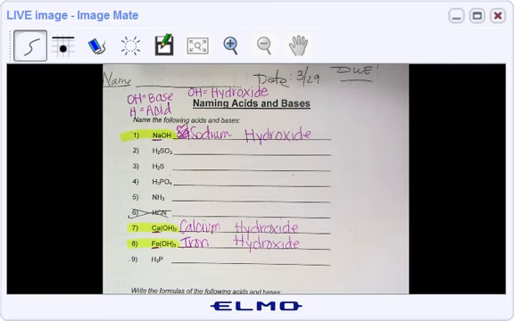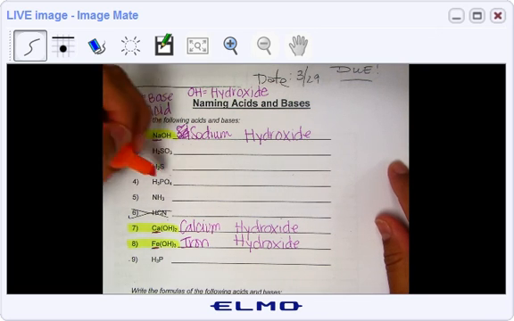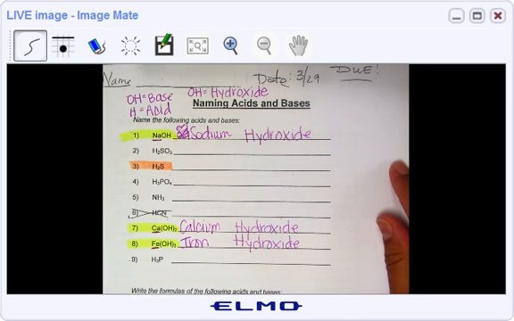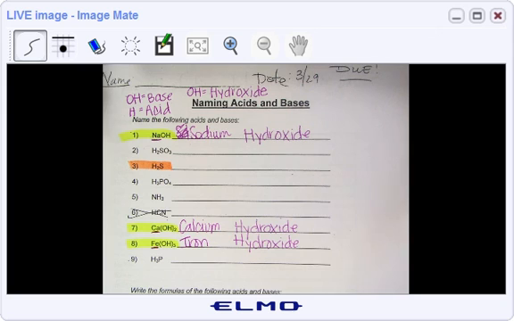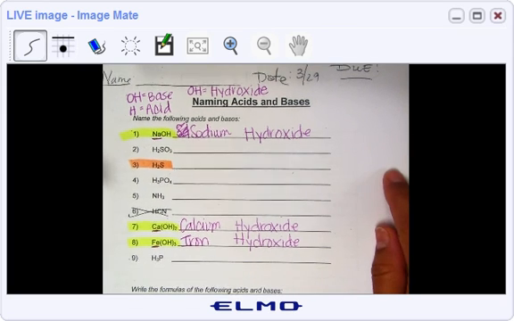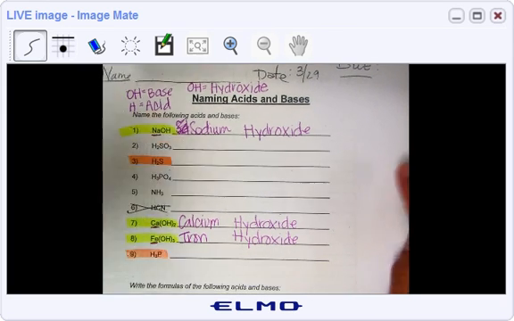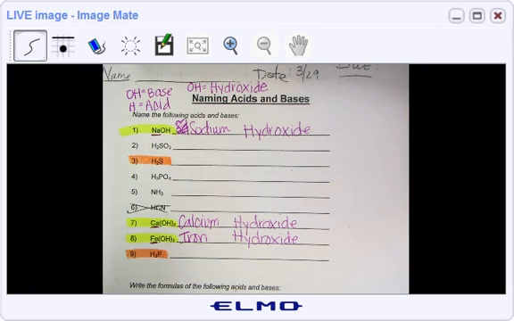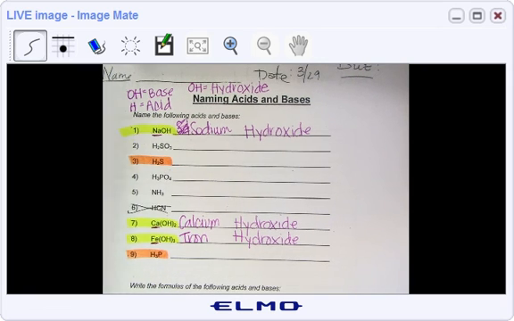The next easiest ones to name are the acids, but the acids with only 2 letters. So let's identify the acids with only 2 letters. This only has 2 letters, and it has to start with an H. So 2 letters and it starts with an H. Okay. I'm going to make a note at the bottom.